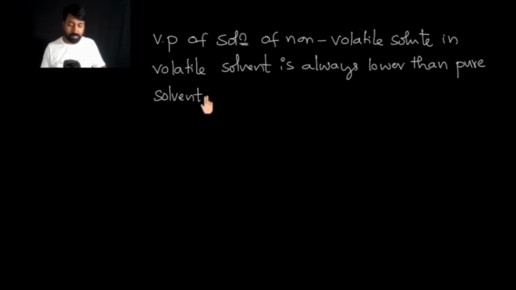Why is this so? The number of solvent molecules at the surface area is different for the solution and for the solvent, and because of this reason the boiling point varies.